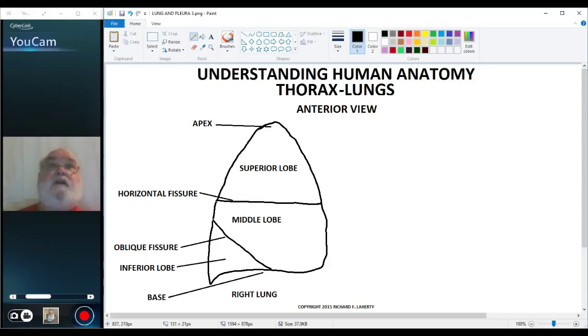Next, we'll look at the left lung. And again, the lung is in the shape of a pyramid.